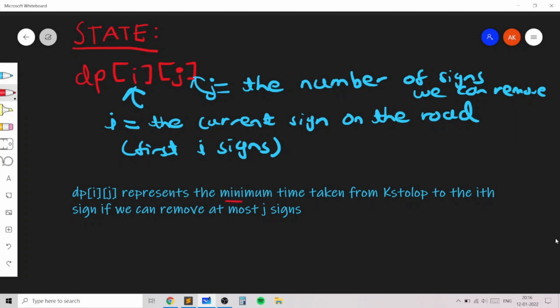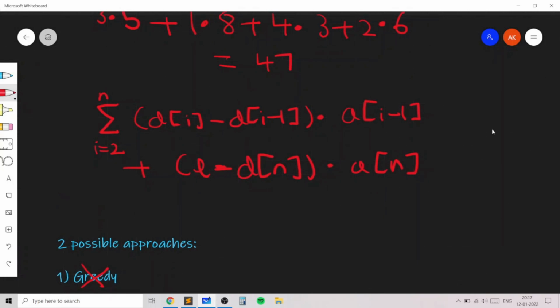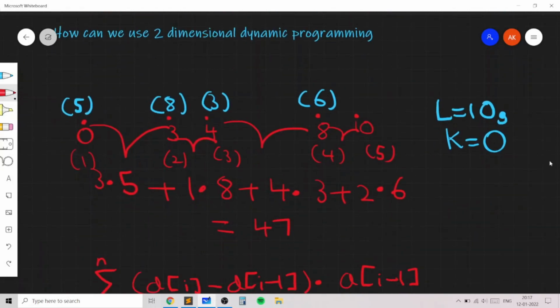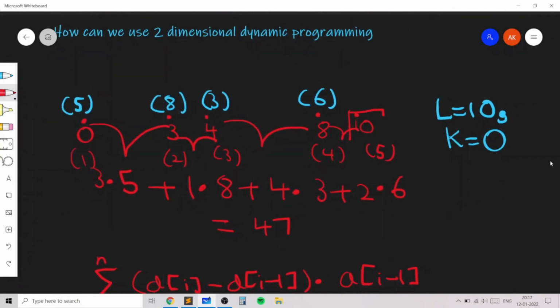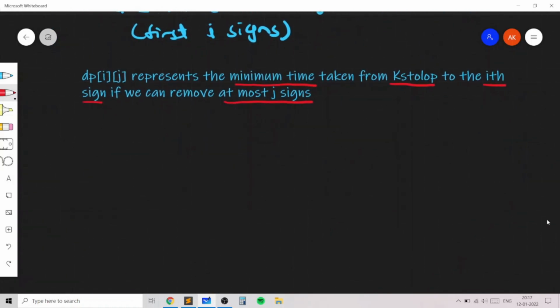Summarizing the DP state, we store the minimum time taken from the starting city to the ith sign if we remove at most j signs. How does this help? This helps us because, as I mentioned, the last location, the final ending point L, you can think of it as the n plus 1 sign, or you can think of it as a separate case, which I'll mention a bit later.